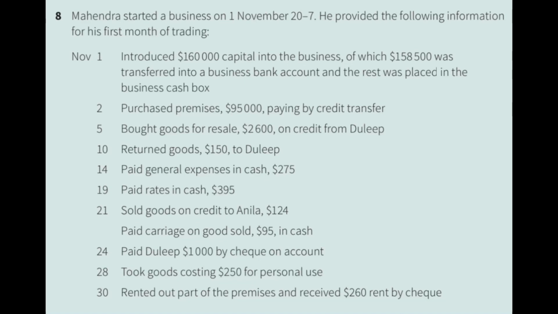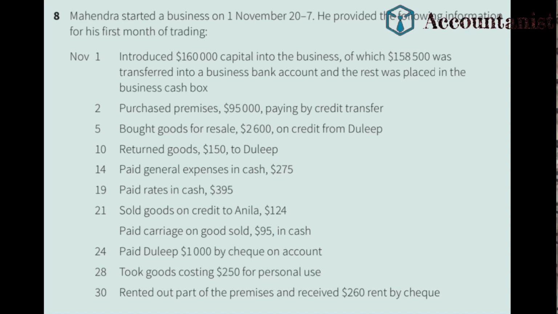He provides the following information for his month of trading. So there are all the transactions that we have for the month of November, as you can see on your screen. So let's start solving the question by entering these transactions with the help of double entry.